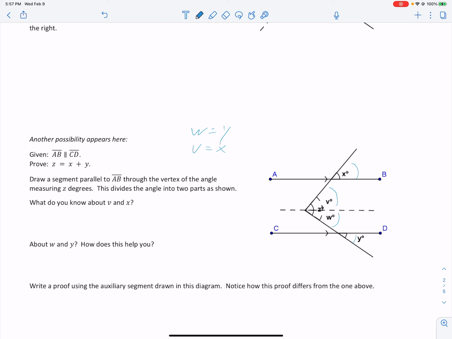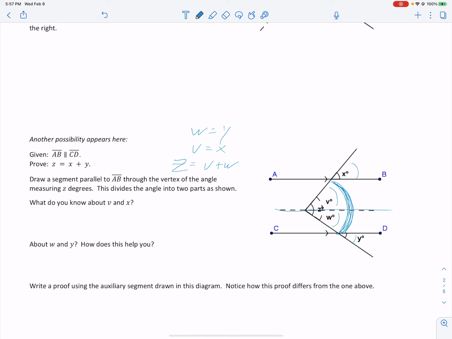And the one thing that we can do is we can say that Z is equal to V plus W, because they call this the angle addition postulate. And the reason is, we can look at this and say that that whole angle Z is going to be equal to the stuff I split it up into, added together. Me putting a line through it doesn't reduce or change my angle.